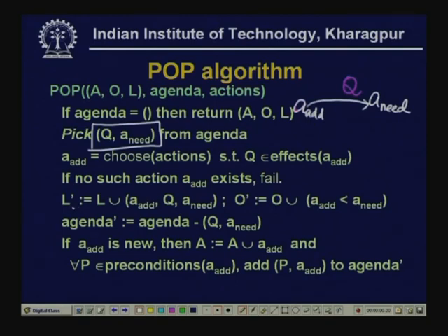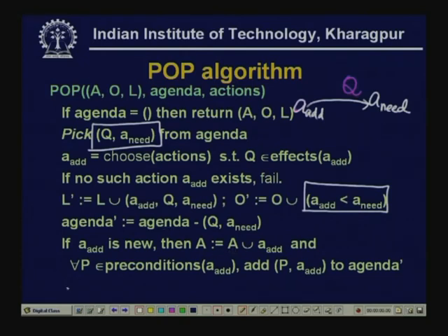Now, how is the plan data structure changed? First of all, in the plan data structure we add a causal link from A add to A need on Q. Secondly, we update the partial ordering relations by adding this new relation: A add must come before A need. Then the new agenda is the old one minus the entry Q, A need, because Q, which was an open precondition, has been achieved in this state.